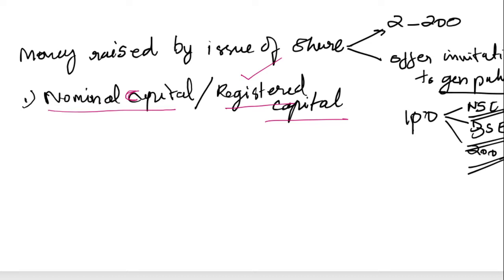If it is a public limited company, generally a public limited company can offer invitation for subscribing shares to the public. So there is no such limitation. It is implied that there is no limitation. If they are mentioning, definitely there is a limitation. That is called nominal or authorized or registered capital. Hope I have answered your question.